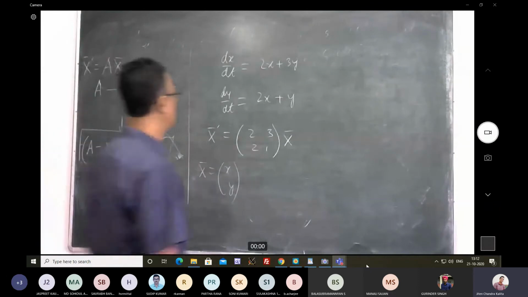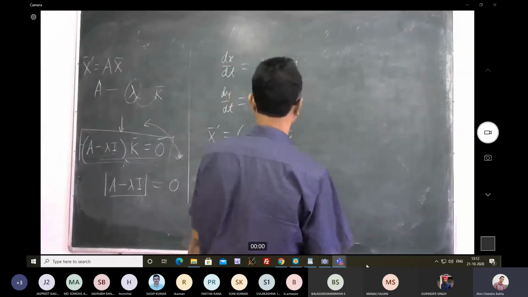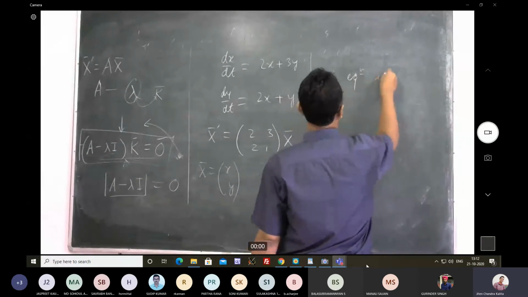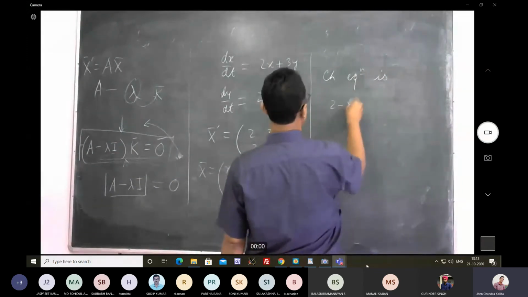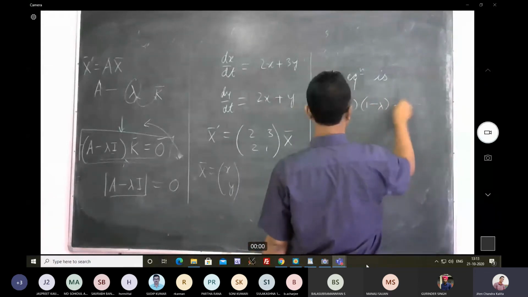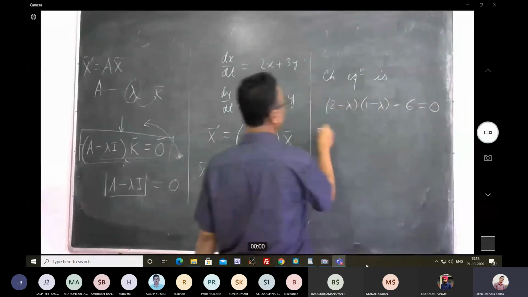Okay, fine. So the characteristic equation is: 2 minus lambda times 1 minus lambda, minus 6, equal to 0.